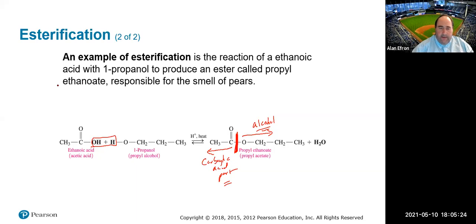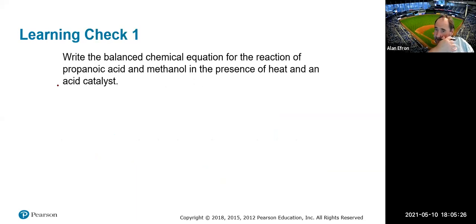So let's see here. Why don't you take a second and try this one. Write the reaction between propanoic acid and methanol in the presence of heat and an acid catalyst and see what you come up with. And while you're doing that one, why don't you also do this one?